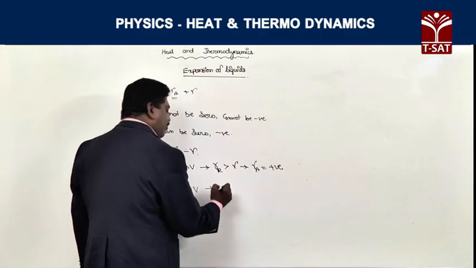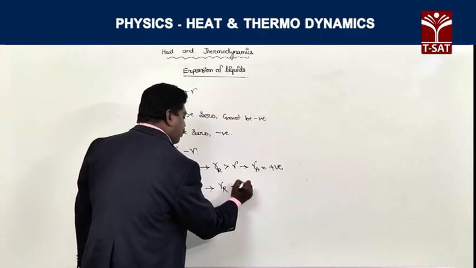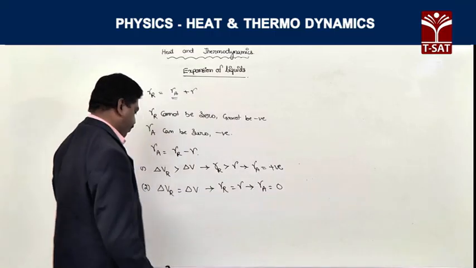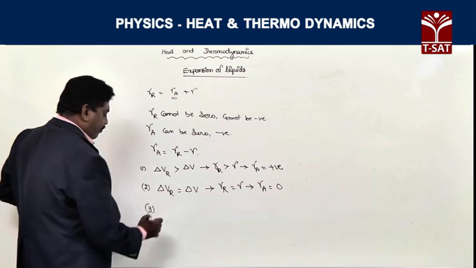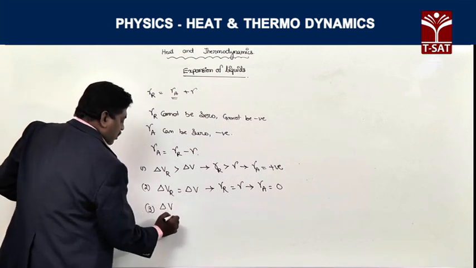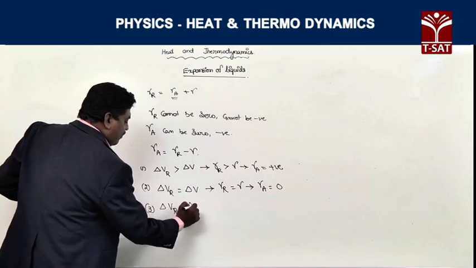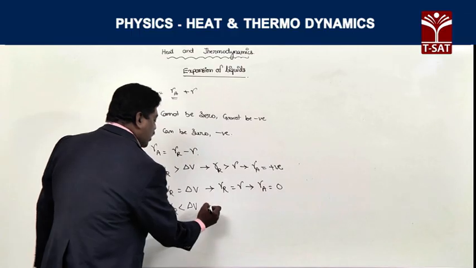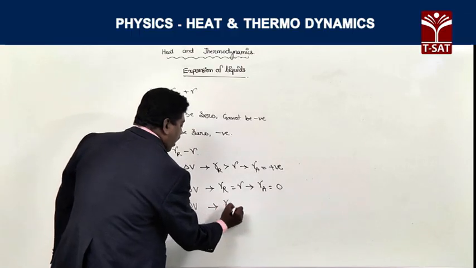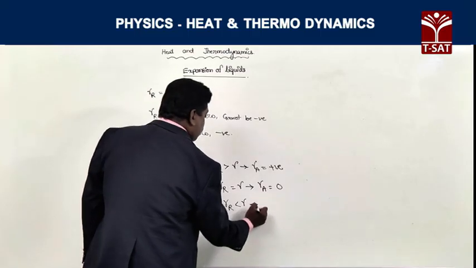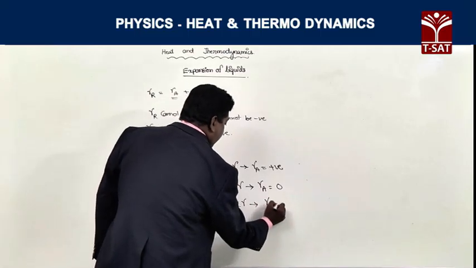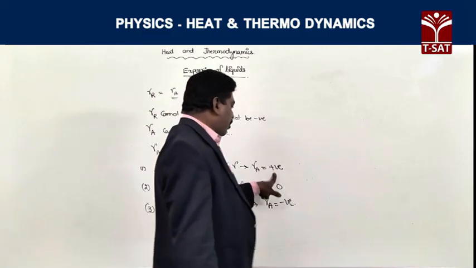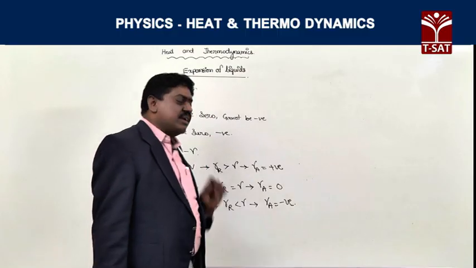In that case, gamma R equals gamma, which implies gamma A is 0. Similarly, delta VR is less than delta V, in the sense the liquid expansion is less than the container expansion. In such a case, gamma R is less than gamma, so that gamma A is a negative value. So, gamma A can have positive, 0 and negative values.